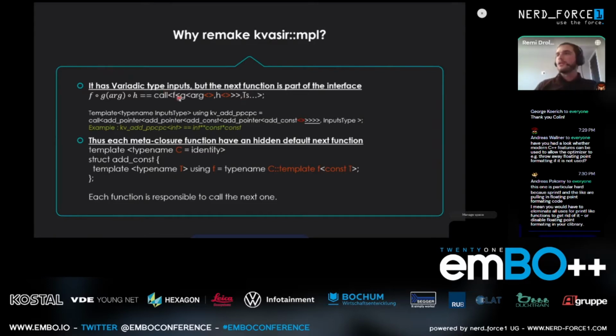So it will call G, that will use the arguments as an argument. But the argument can also be a metafunction, a meta closure in this case, because it must end.